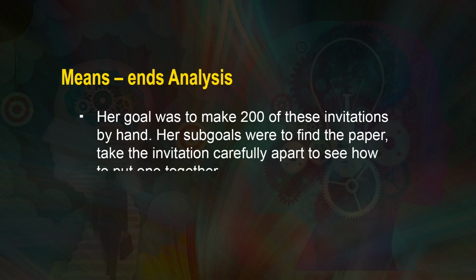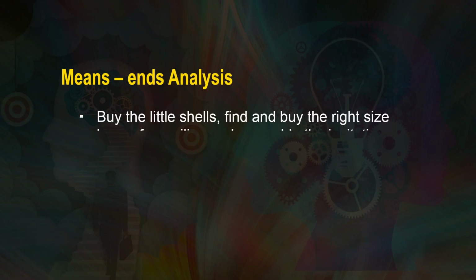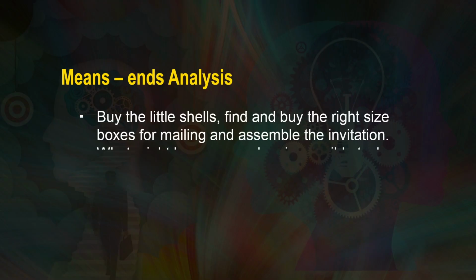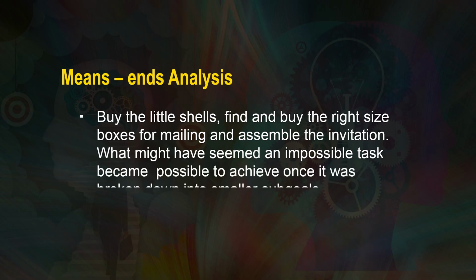Her sub-goals were to find the paper, take the invitation carefully apart to see how to put one together, buy the little shells, find and buy the right size boxes for mailing, and assemble the invitation. What might have seemed an impossible task became possible to achieve once it was broken down into smaller sub-goals.